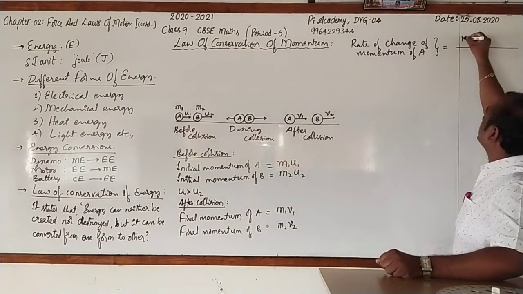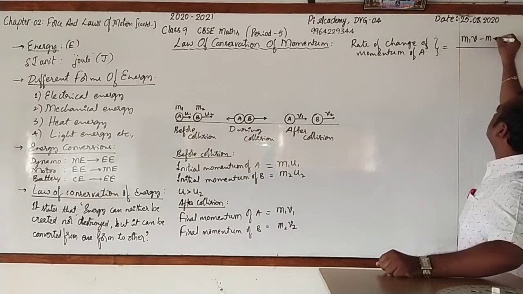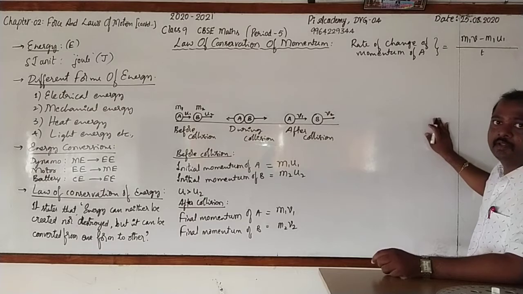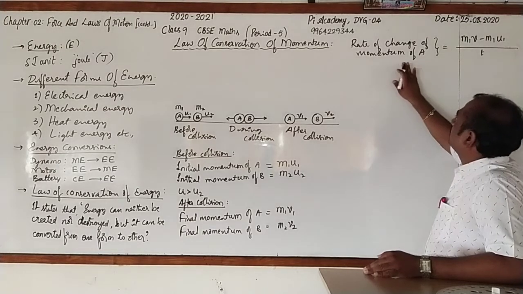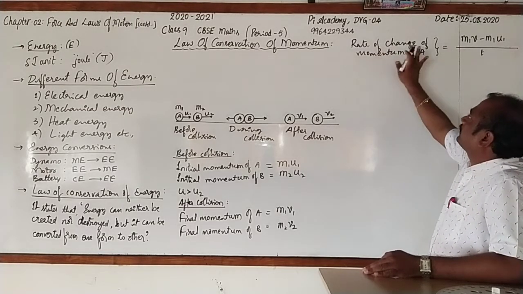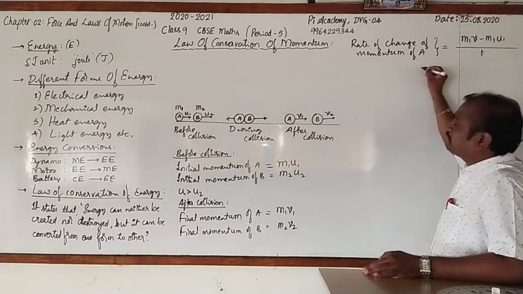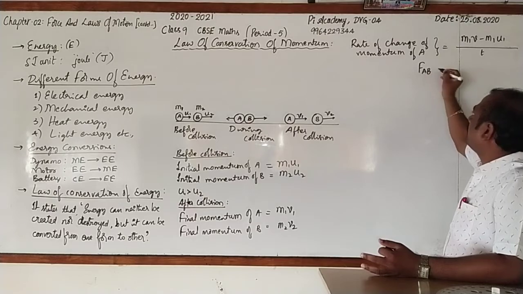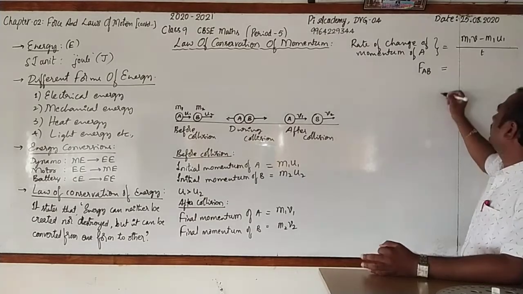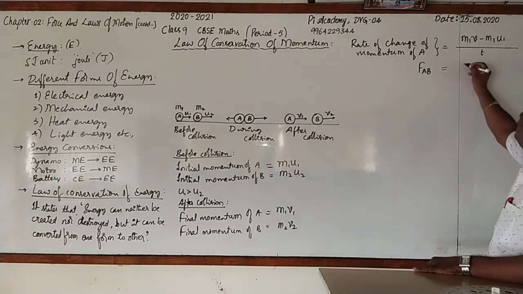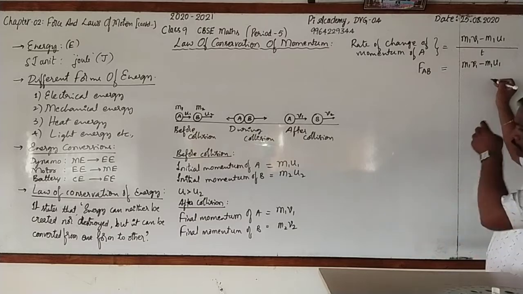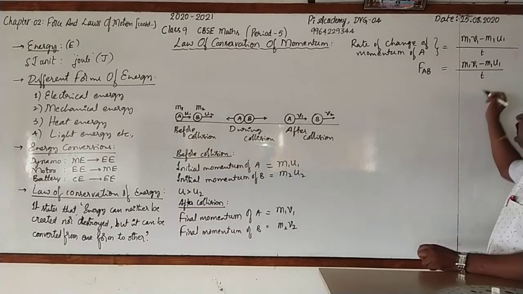Hence it can be written as m1 v1 minus m1 u1 divided by t. Clear? This rate of change of momentum is nothing but the force. It is the force exerted by A on B, FAB. This is equal to m1 v1 minus m1 u1 divided by t.